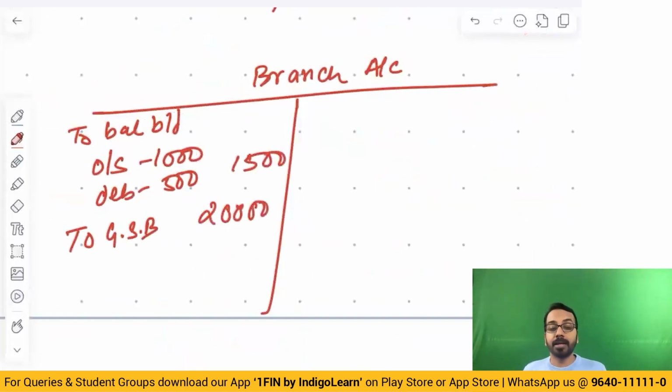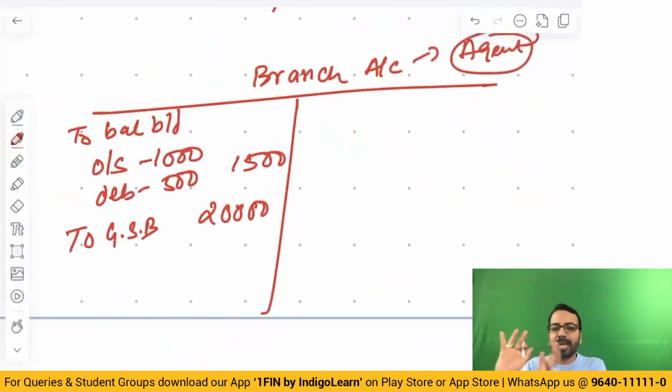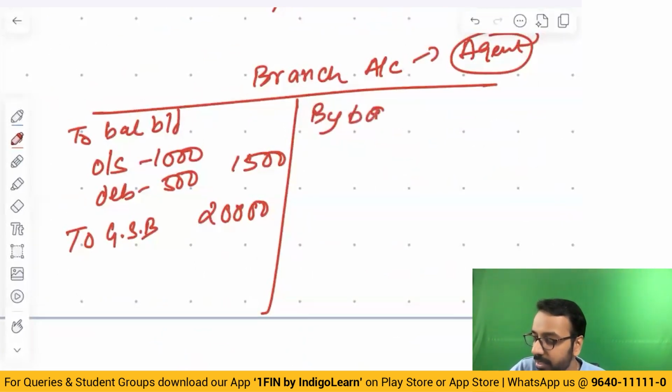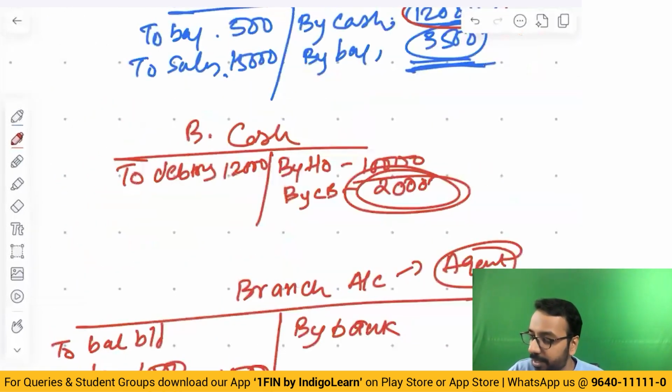Then what did the branch give us? Branch remitted money. The sales that the branch is doing is independent. Think of it something like an agent who is holding money. So branch has given us money by bank. Let us say we received money. How much did they remit? 10,000.